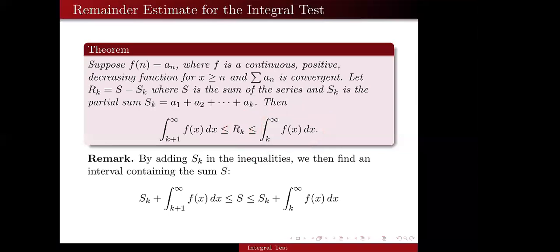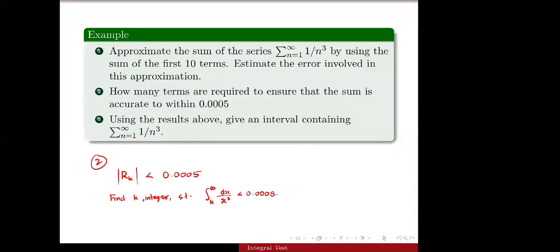So if this integral is less than 0.0005, then R sub k will be less than this. So we just need to make sure that this is true for the k that we will solve.